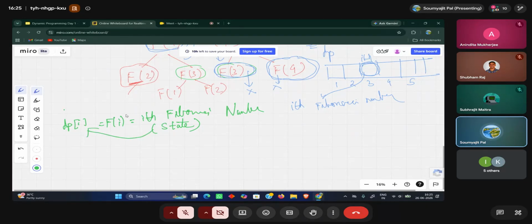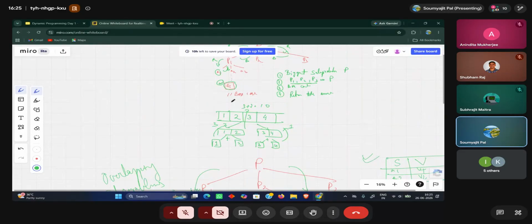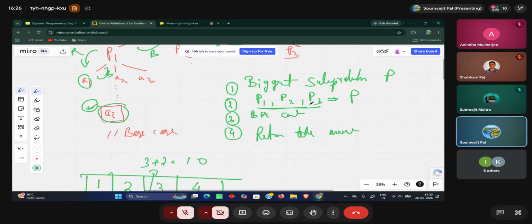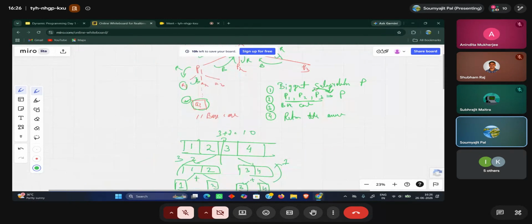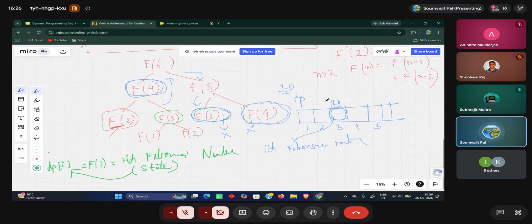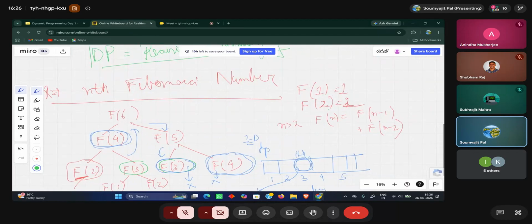Now, what was the second thing we discussed? How can we divide into smaller subproblems, and how can these subproblems be used to compute the bigger subproblem? I need some relation, which is given here: Fn equal to Fn minus 1 plus Fn minus 2.